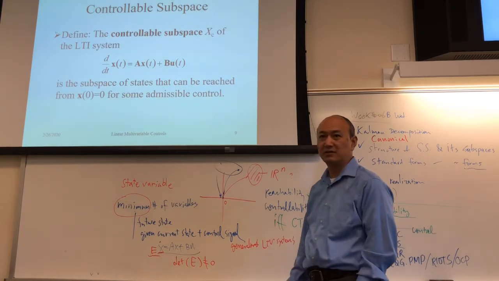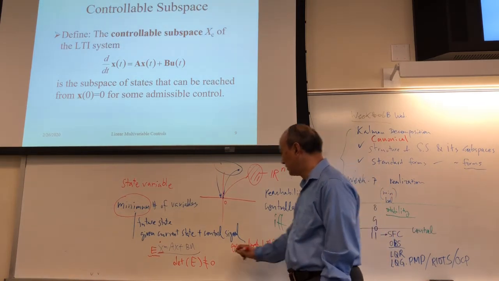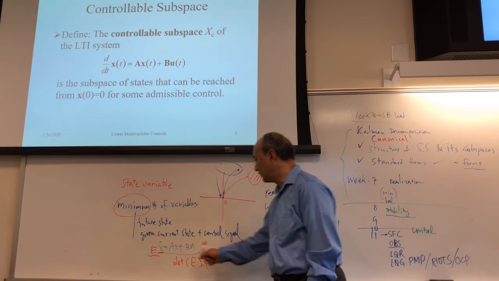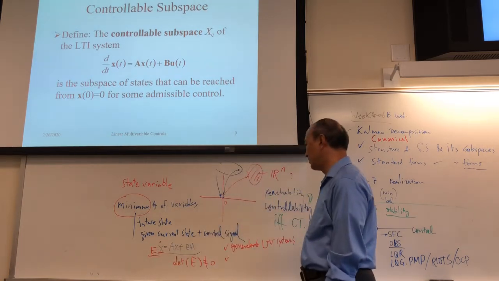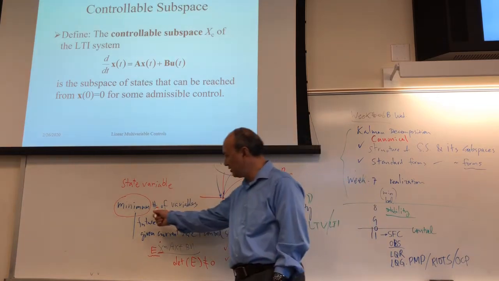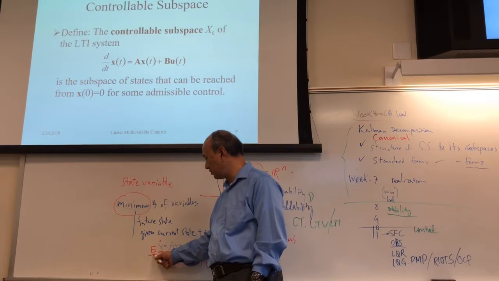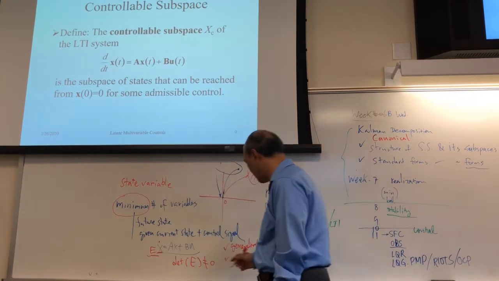Generalized. If E is invertible, that's a different story. I'm saying that because you didn't use the minimum number of variables, you could end up with E not invertible.